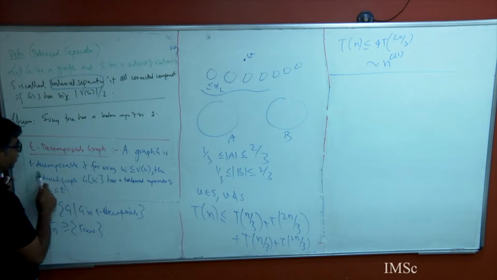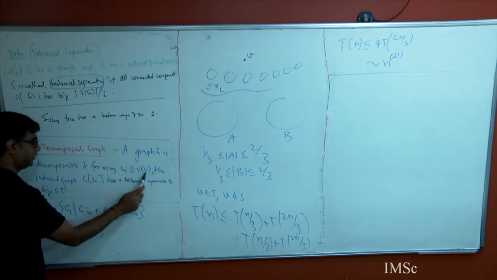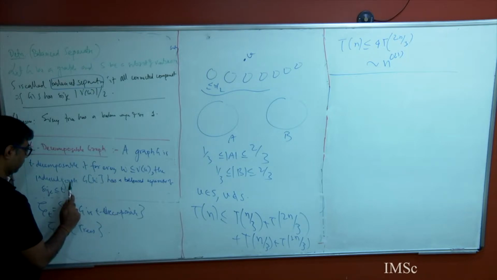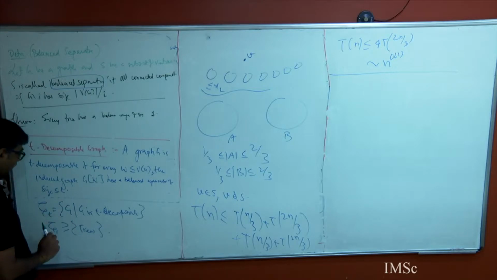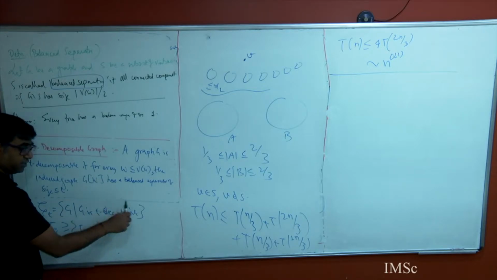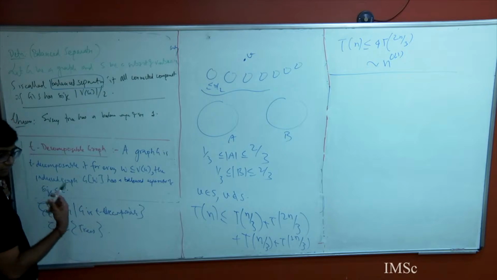A graph G is T decomposable if for every W subset of V(G) the induced graph G[W] has a balanced separator of size at most T. And then we define Z_T equal to the set of graphs G such that G is T decomposable, and Z_1 was the subset of trees.